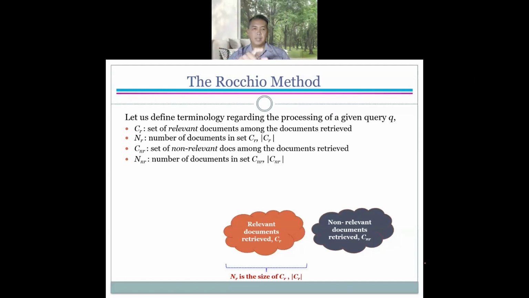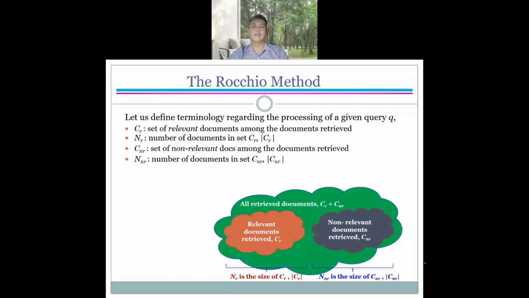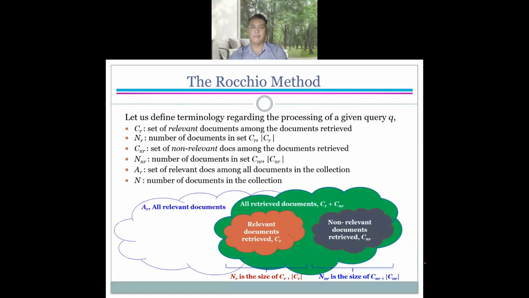The capital N subscript NR is the size of the non-relevant documents. The whole thing is the documents retrieved. We could have relevant documents and non-relevant documents retrieved by your system, and all the retrieved documents are part of a larger collection, which is all the documents that we have.